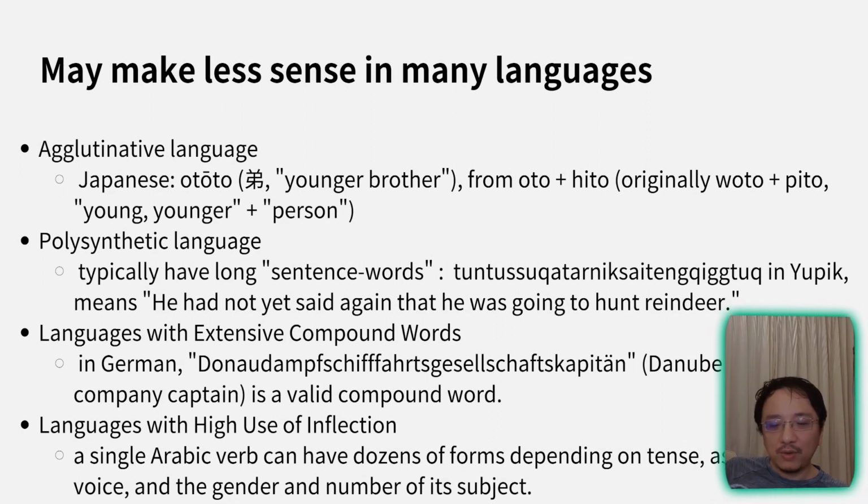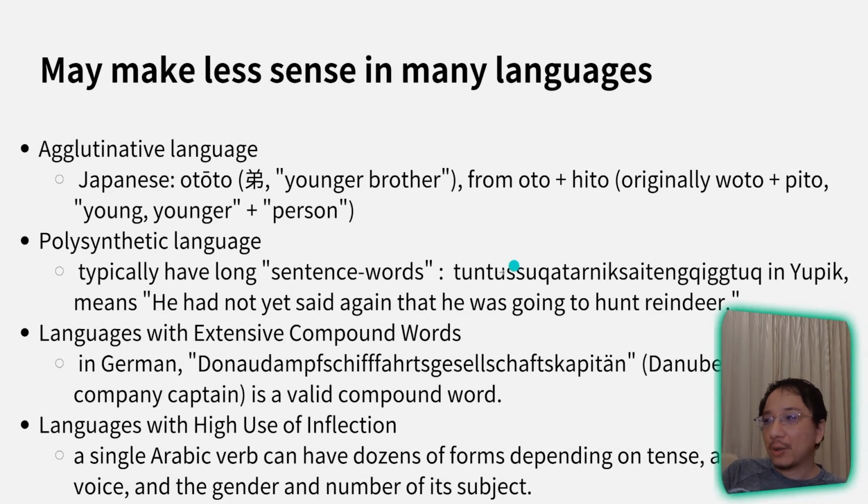For example, in Chinese writing there are no spaces between words, so a word segmentation algorithm or tool is needed if we wish to apply word-level language modeling on Chinese. Also, many languages have some sort of compound word or sentence word. For example, this one is also a valid compound word in German.